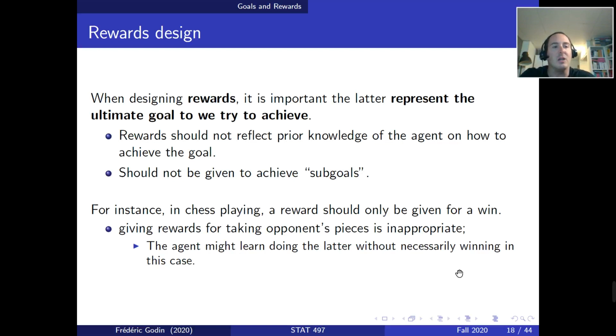Okay, so the agent will learn to get to intermediary goals or sub goals to get to the final goal. So you shouldn't tell him directly you should achieve these sub goals. You should let the agent figure out himself how to achieve the final goal. Okay, because your sub goals, you might be wrong about them. They might not be as helpful as you think. So this should be up to the agent to learn.